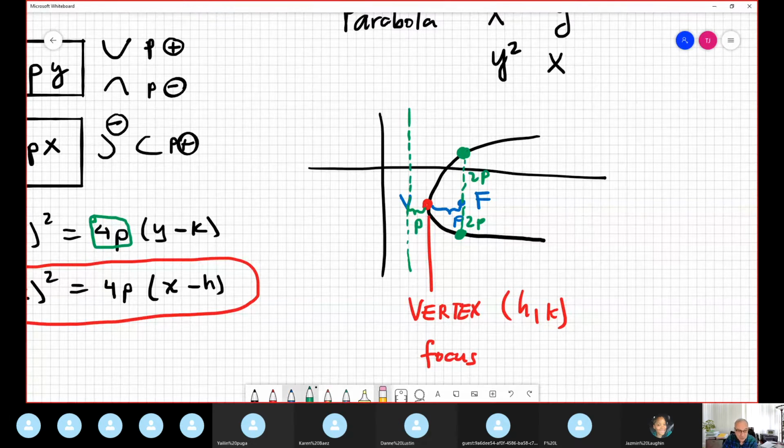And finally, we have the axis of symmetry, which in this case is a horizontal line, that splits the parabola into equal parts. That is the reason it's called symmetry, axial symmetry. In this case, horizontal, it is y equals, I suppose, k, which is the component of the vertex, k.